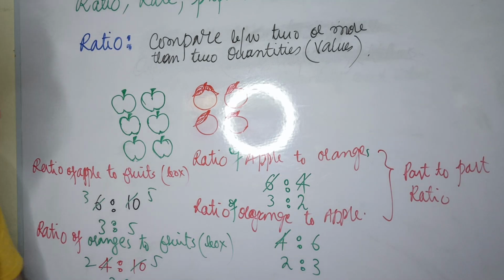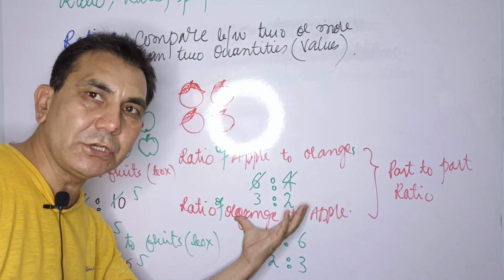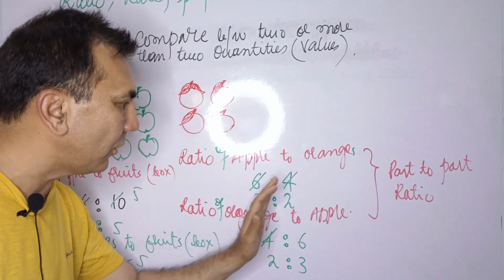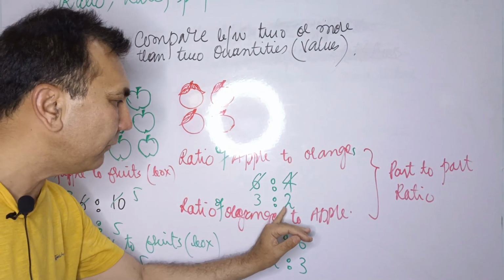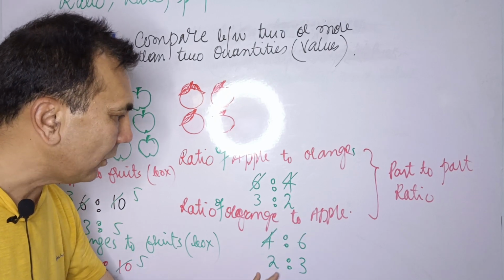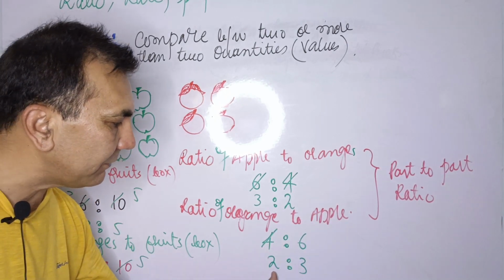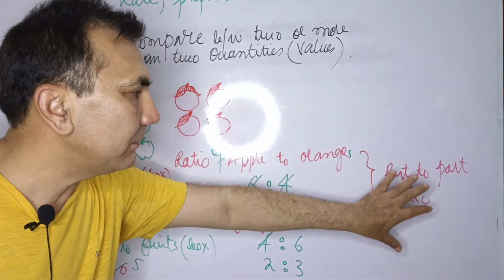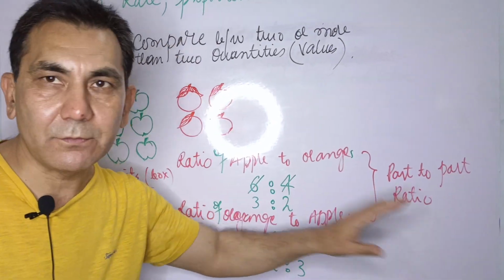Now in this calculation of the ratio, we calculated the apple to orange ratio is 3 to 2, and the orange to apple ratio is 2 to 3. So this method is called the part to part ratio.